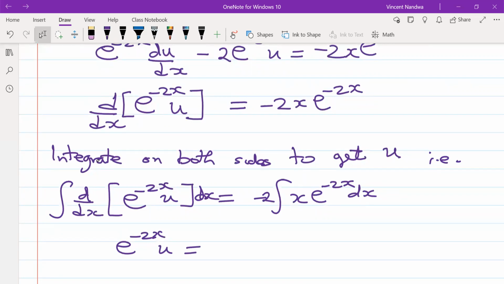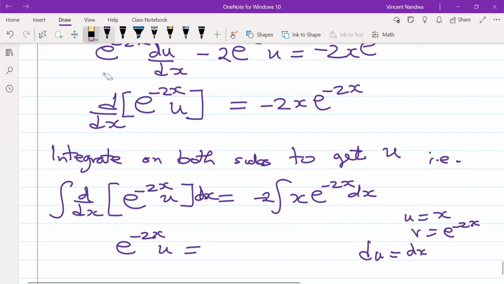Now this we use integration by parts. So let u to be x and let v be e power minus 2x. So u prime will be dx, or simply du is dx. And then v, when you integrate this, you get minus a half.